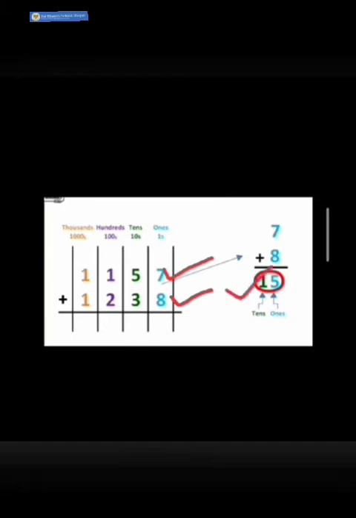In 15, 5 is the ones number and 1 is the tens number. So 5 will go in the ones column and 1 will go in the tens column as a carryover.